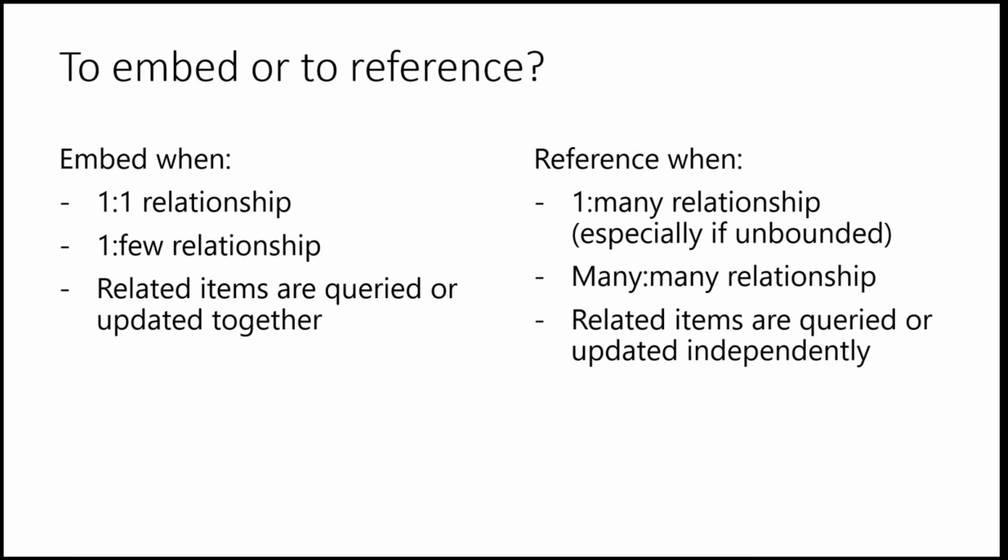If it's going to be an unbounded array, then you better not put it in the same document, because then the document will grow in size unbounded as well, and that could be a problem. Also, reference if it's a many-to-many relationship between the properties, or if the related items are updated or queried separately. So that's a quick reference.